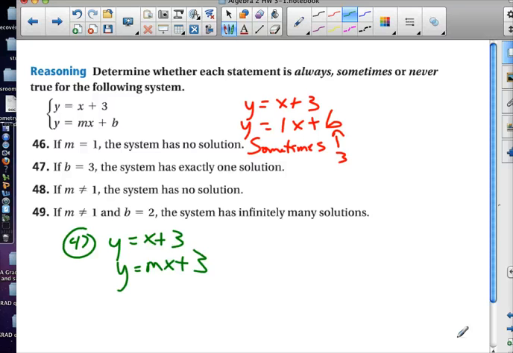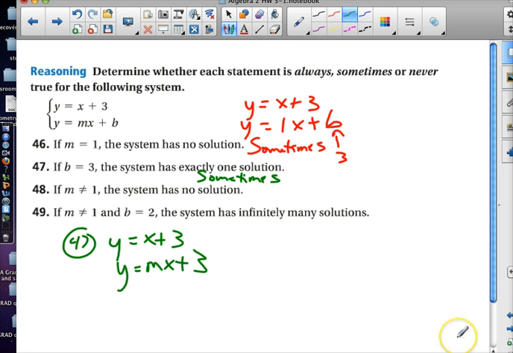They didn't give us the slope for number 47. So if the slope is not the same, if m is not equal to 1, well then we'll get one solution. Yep, that'll work. But the problem is, m could be 1. There's nothing in this information that tells us that m isn't going to be 1. So it very well could be, and then we'd get no solutions. So this is another sometimes here. Depends on the other variable that we're working with.